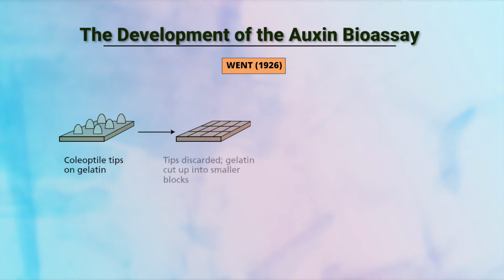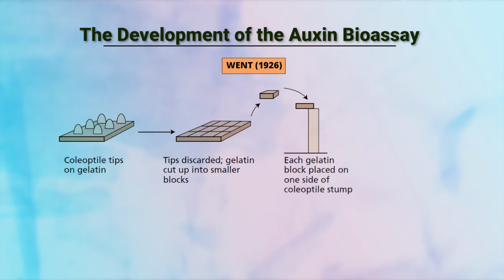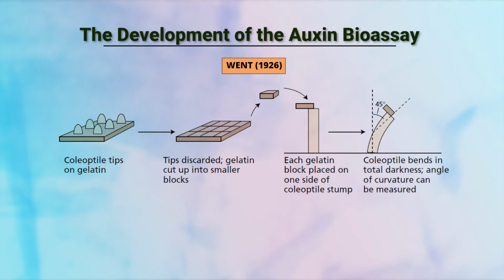Then after some time, he removed the coleoptile tips and cut the gelatin into smaller blocks. Then he put one block on one side of a stump, which resulted in bending in total darkness.